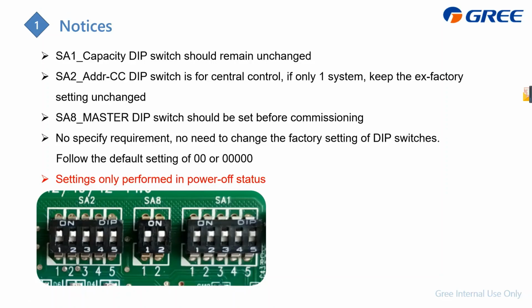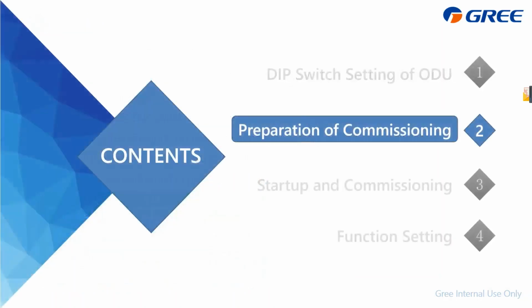And SA8 is the master dip switch, and it should be set before the commissioning. All the dip switches should be set under power off status. That's very important. We should set the dip switch before the commissioning and under power off status. Okay, that's the dip switch setting.